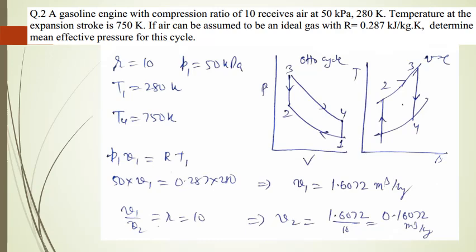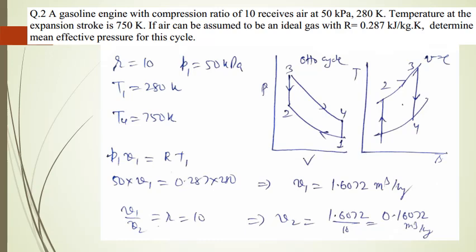Now here the value of compression ratio R is given as 10, P1 equals 50 kilopascal, T1 equals 280 Kelvin and T4 is equal to 750 Kelvin. Now for the state 1, we have written the state equation P1 V1 equals RT1, where V1 is specific volume at state 1.